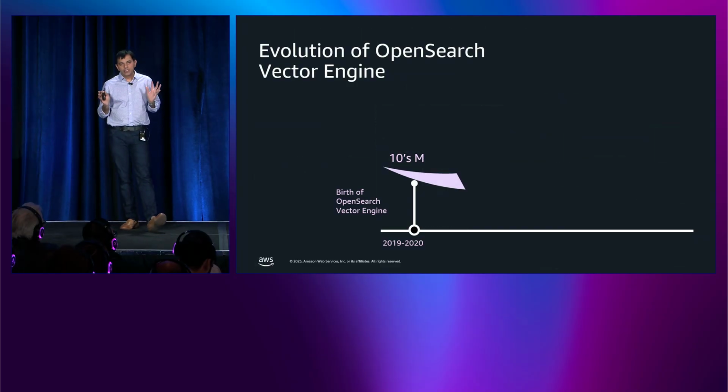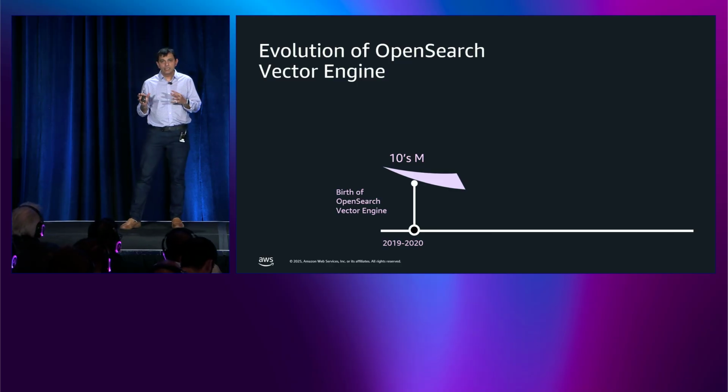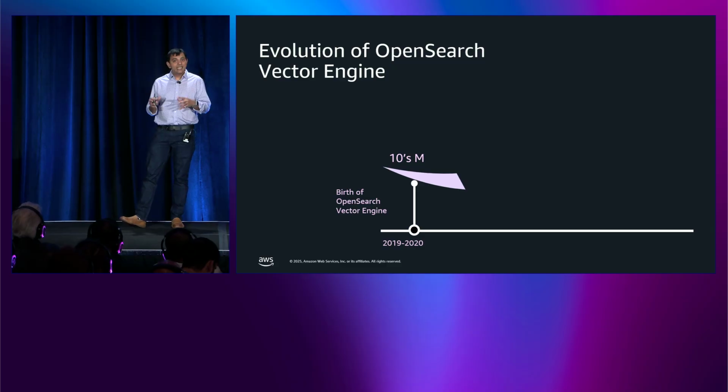So let's talk about OpenSearch as a vector engine. All these machine learning models generate vector embeddings, and you want to store these vector embeddings in some place. And OpenSearch is a pretty popular vector database these days. The reason is we started building vector capabilities in OpenSearch in 2019.